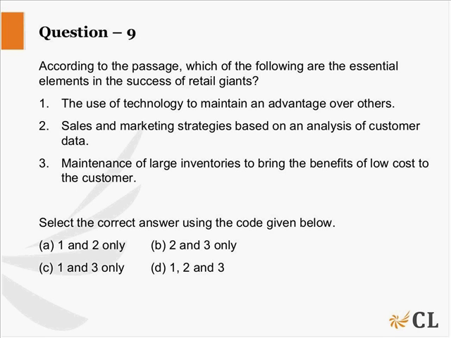If you look at the last 4 paragraphs of the passage, you'll find what India was doing to the retail giants, right? Now, if you look at the very first option, it says the use of technology to maintain an advantage over others. Is this given anywhere in the passage? So let's go back.